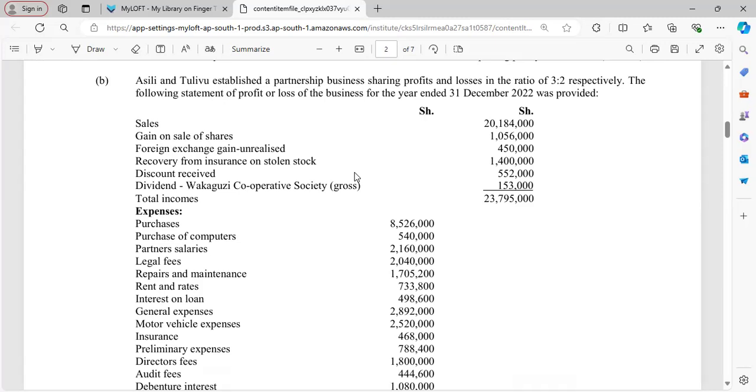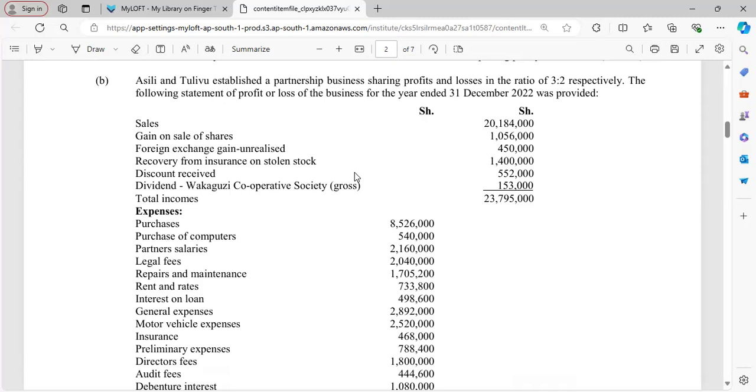Asili and the trio established a partnership business, sharing profit and losses in the ratio of 3 to 2 respectively. The following statement of profit and loss of the business for the year ended 31st December 2022 was provided.